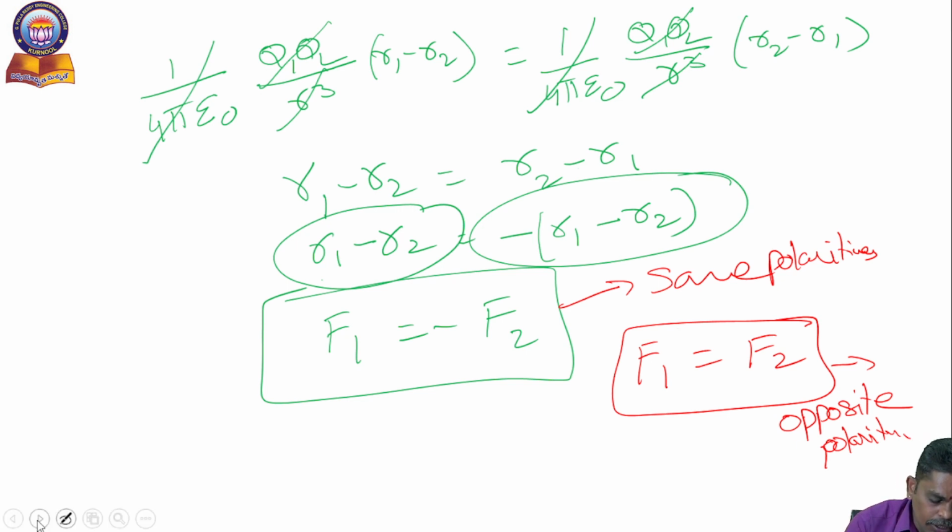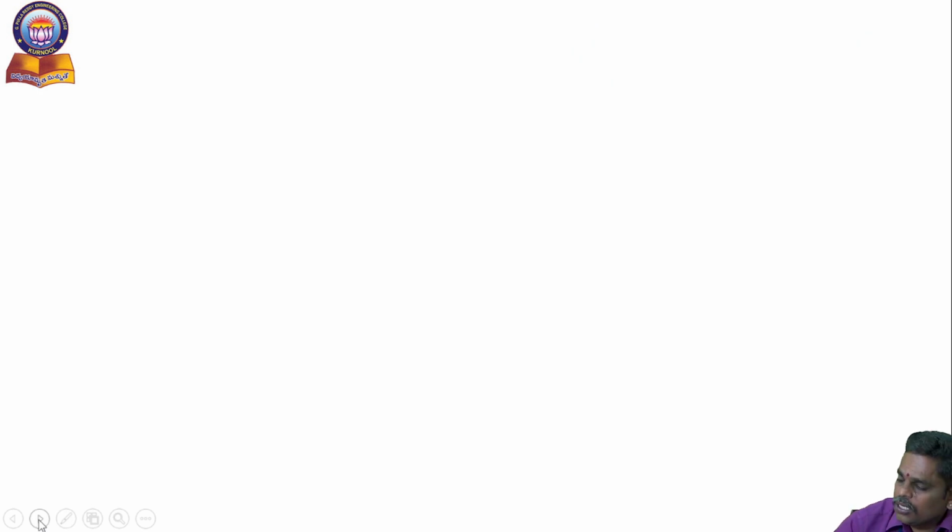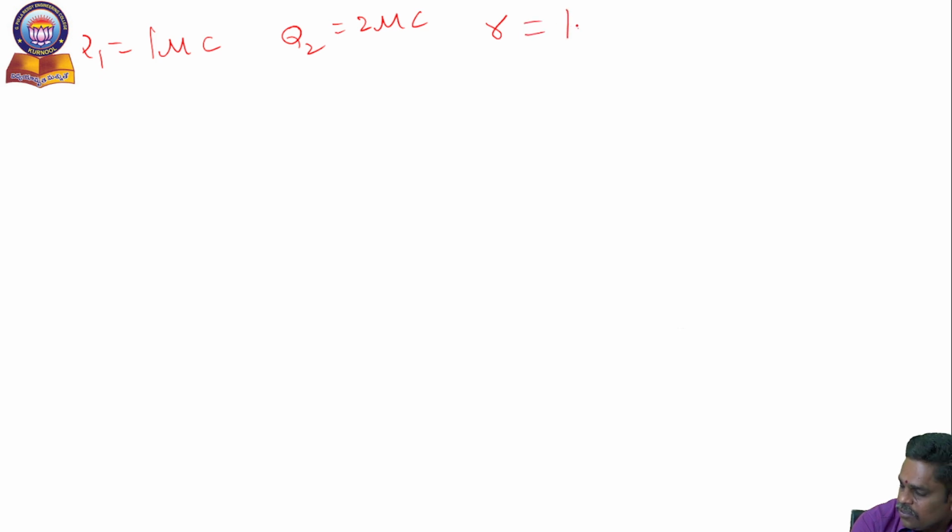Now we're going to discuss a small problem. Here the problem has two static point charges. Q1 is equal to 1 microcoulomb, Q2 is equal to 2 microcoulomb, and the distance between them is 1 meter, with the same polarity.